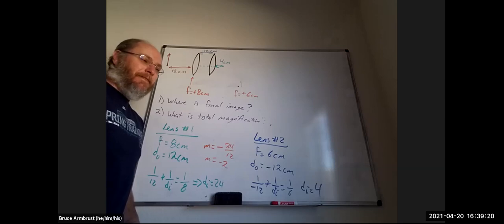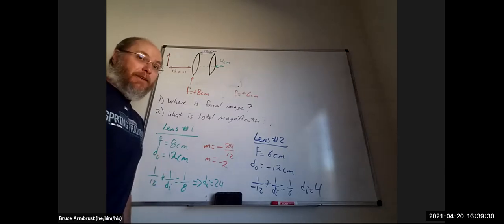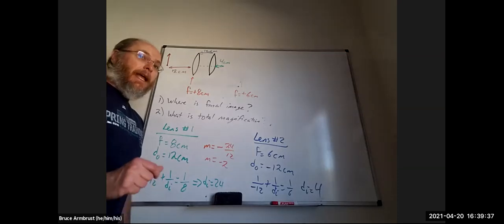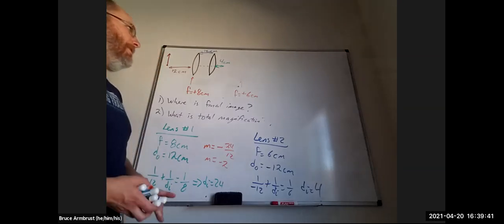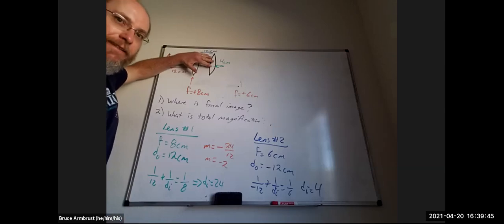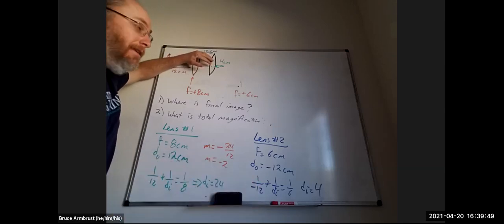Okay. So why is it over there? It's positive, which means the light rays actually do go through it. We're going to get a real image. And the real image, remember what happened was the light that was coming from the first one hit this second lens, and the second lens took it and ran with it.